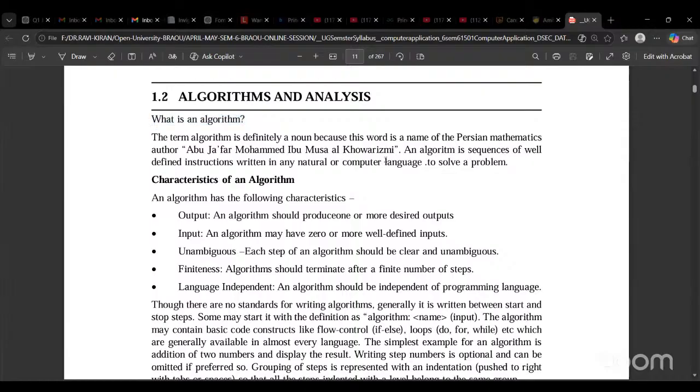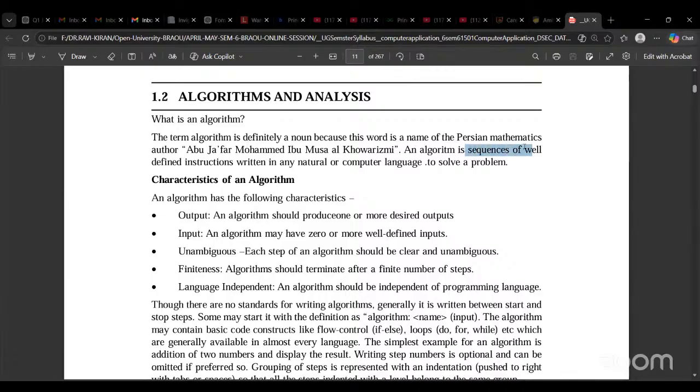The term algorithm is definitely a noun because this word is the name of a Persian mathematics author, Abu Ja'far Muhammad ibn Musa al-Khwarizmi. This is where the algorithm is derived from.